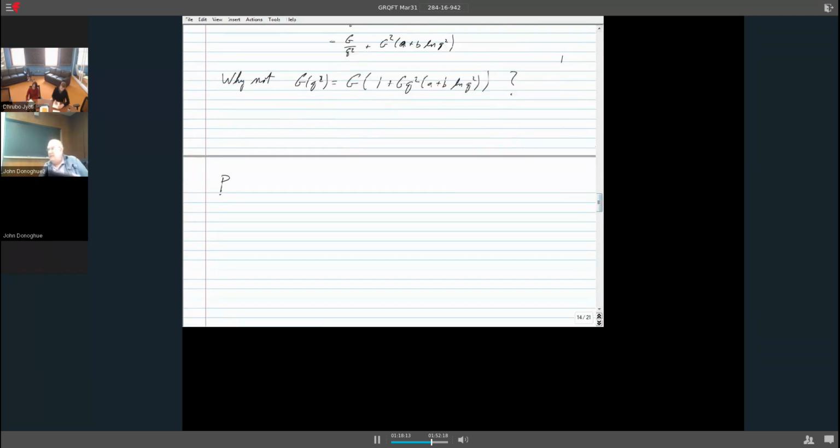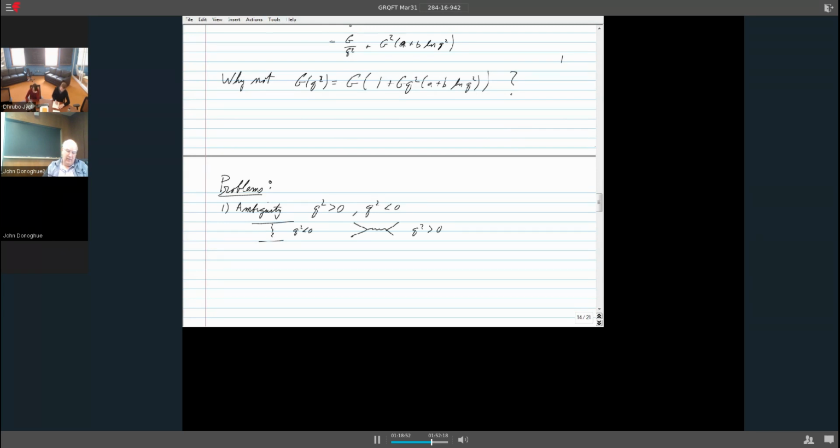There's a 1 over Q squared there. And we ended up with terms that look like A plus B log Q squared. So there's a log there. But if I look at this, it's G over Q squared plus G squared times A plus B log Q squared.